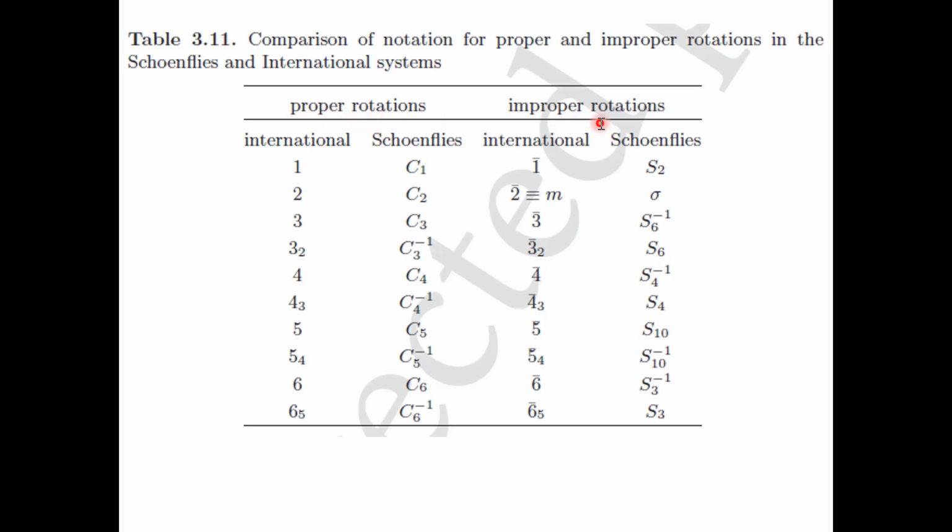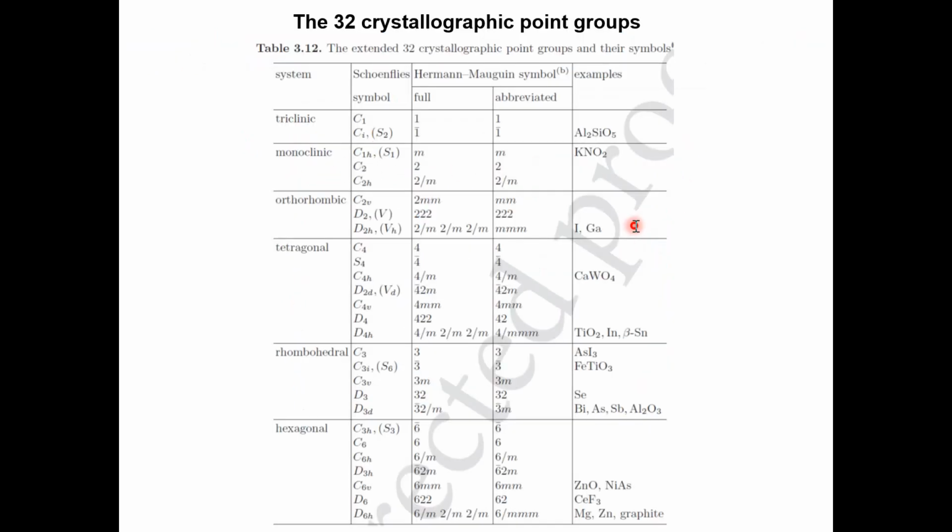For proper and improper rotations, there is the Schoenflies notation and the international notation in both cases. And table 3.12 has all the 32 crystallographic point groups and their symbols in the Schoenflies notation and in the international or Hermann-Mauguin notation.